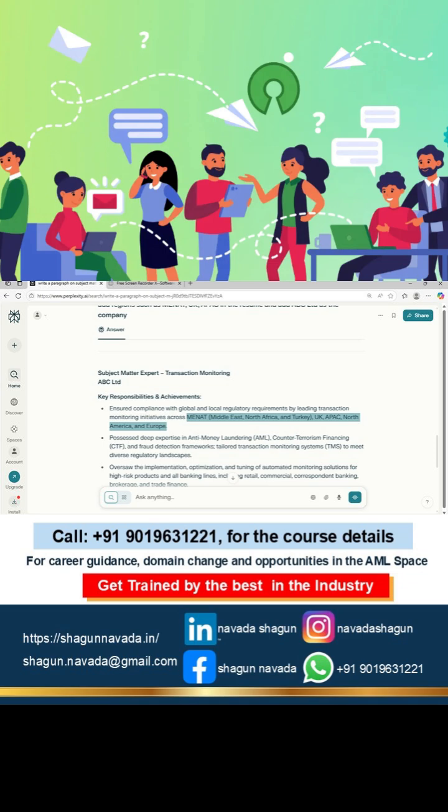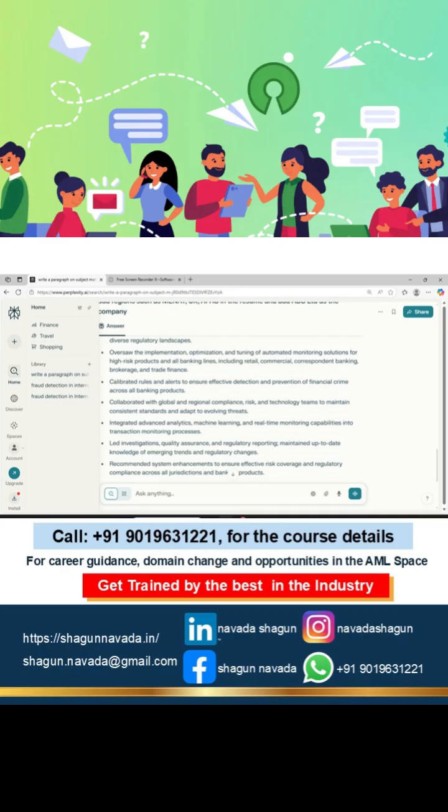Now you can see it has added the regions as well, like MENAT with the countries: Middle East, North Africa, Turkey, UK, Asia Pacific, North America, Europe, followed by your generic statements. The next page is also full of generic statements with those bullet points: collaborated on rules to ensure effective detection, collaborated with global and regional, blah blah blah. So you can see a lot of generic statements used.